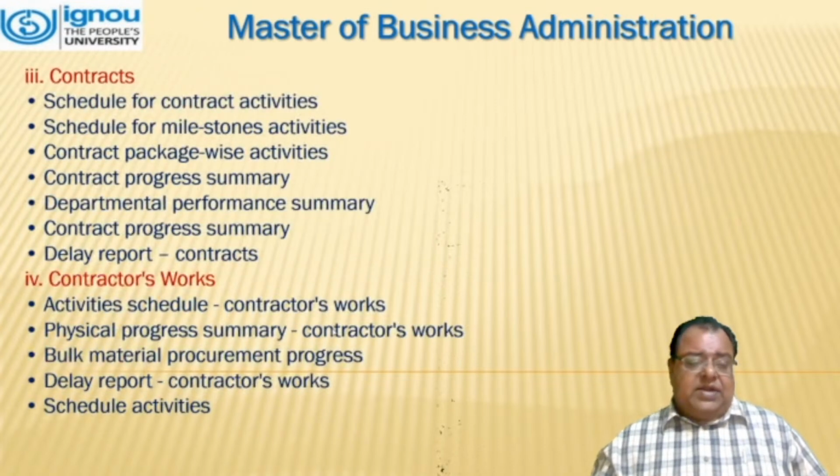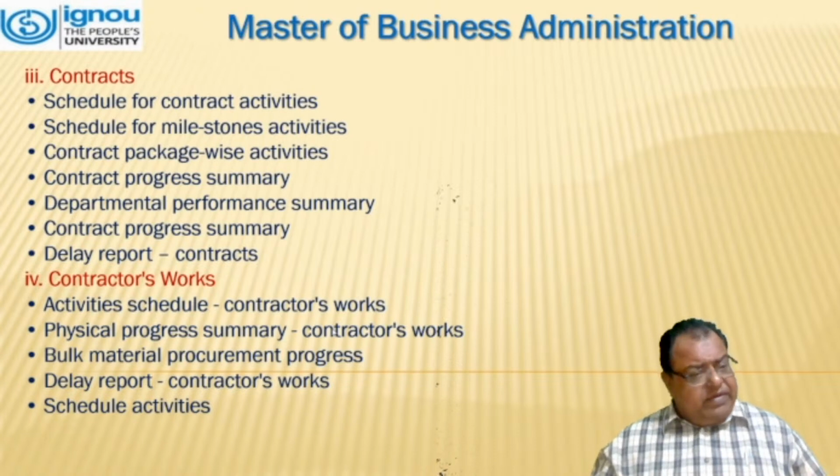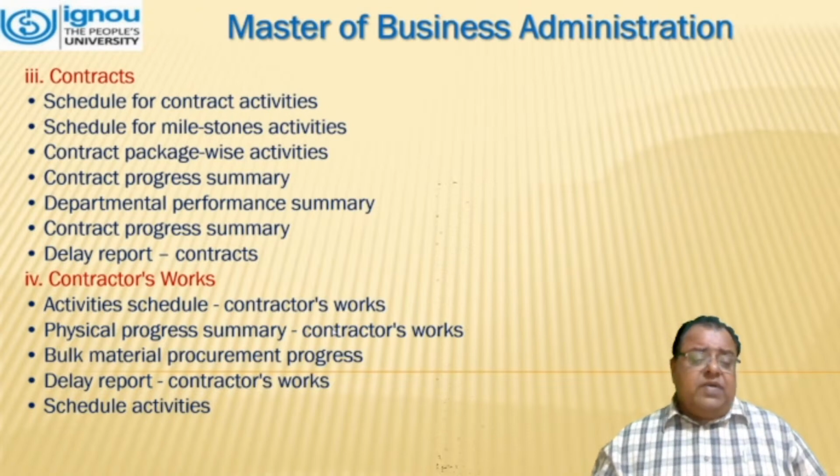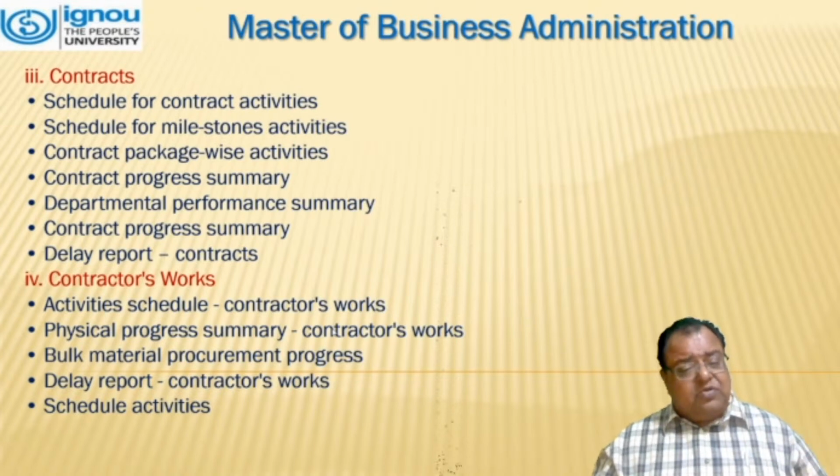The third one is contracts, which is basically schedule for contracting activities, schedule for milestone activities, contract package-wise activities, contract progress summary, departmental performance summary, or delay reports in the contract. The fourth one is contractor's work, activity schedule: what he has done and what he is supposed to do.